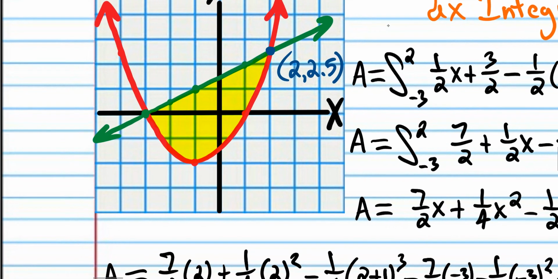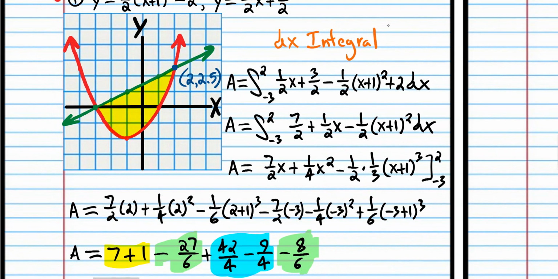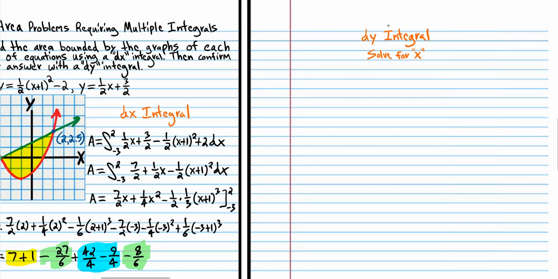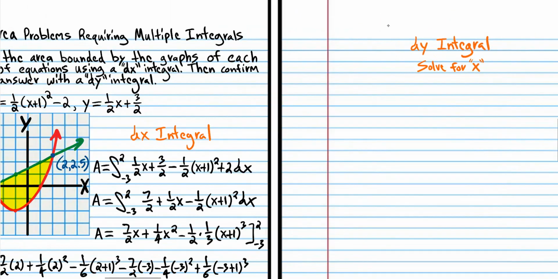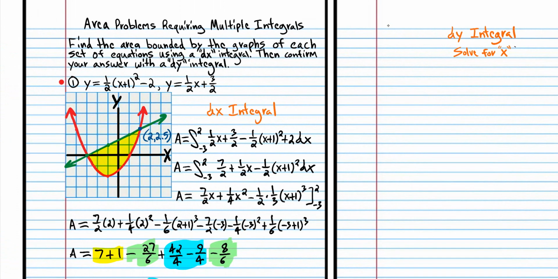All right. So we're going to integrate from y equals -2 to y equals 0. But then we're going to integrate from y equals 0 to y equals 2.5. We have to break it up into two integrals, or else we just can't do this. Now, remember, if you're using a dy integral, you have to solve for x.